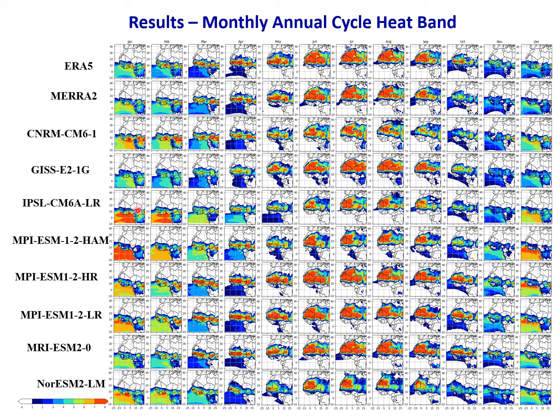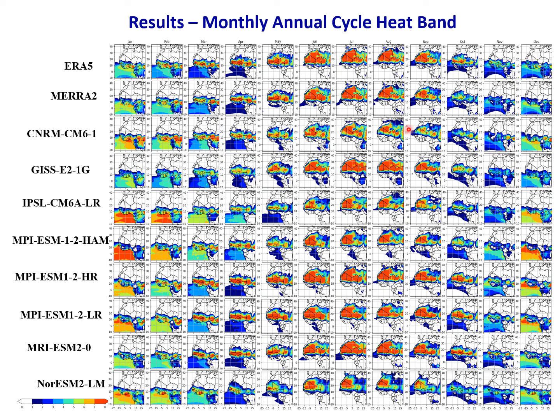However, we have stronger simulation of the heat band over the oceans in the models for the dry season months. And then in the wet season months, we have some models that are simulating weaker heat bands.